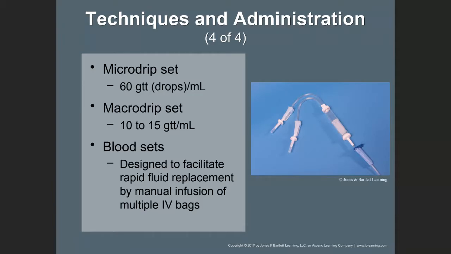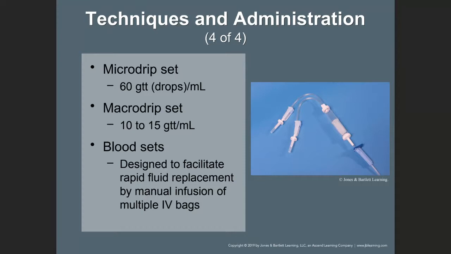Micro is more for controlled administration and drug infusion. So the micro is 60 drops per mil, and as it states, it means that if you're using a micro drip set, it takes 60 drops from that set to give you 1 mil.